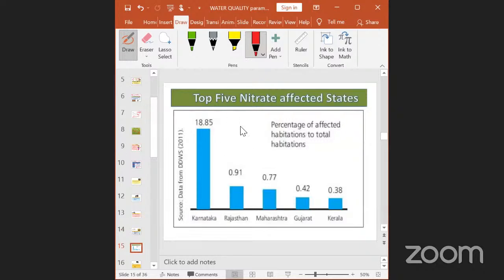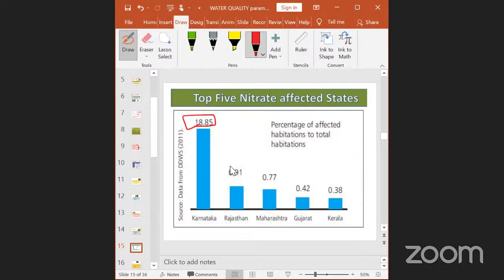You see here, this data is from the DDWS in the year 2011. You see the top 5 nitrate affected states. The highest in 2011 is 18.85, right?